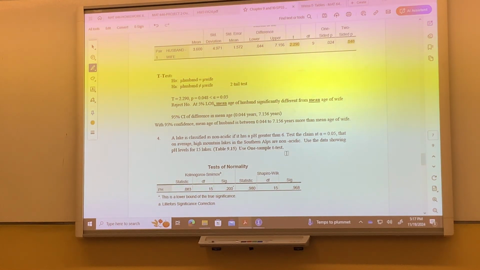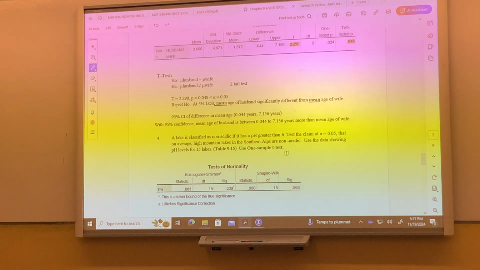How will I write my hypothesis for this? I'm doing a one sample t-test. What are the assumptions of the one sample t-test? We have three bullets when you were talking about that.